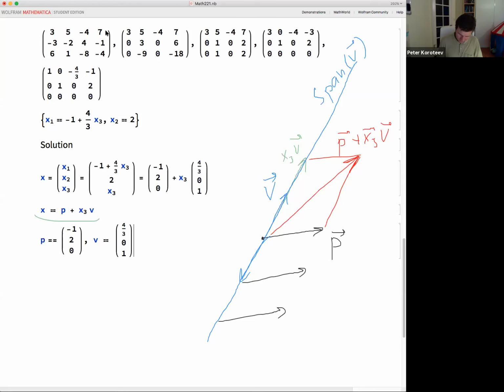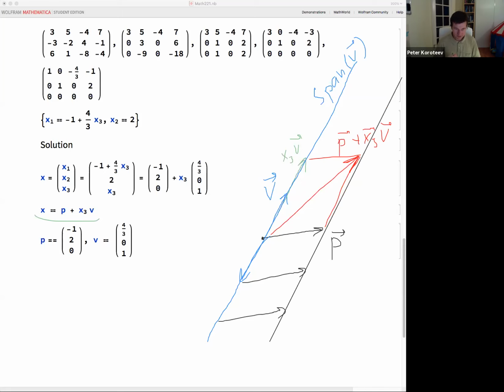So in other words, this span of v is translated by vector p, right?